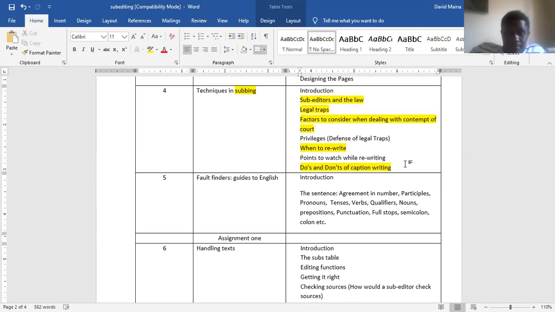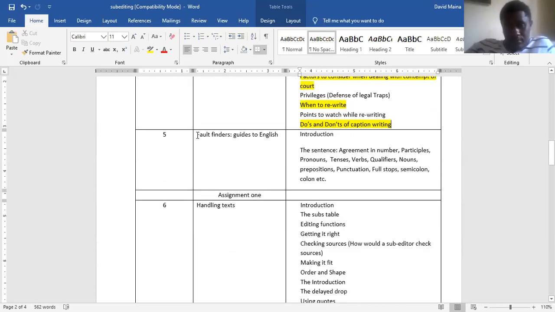Uhuru Kenyatta having a handshake with Raila Odinga after... Just that is enough. Or Uhuru Kenyatta and Raila Odinga having a handshake or having a cup of tea or something like that. A caption is a brief message that explains a certain picture or photograph.